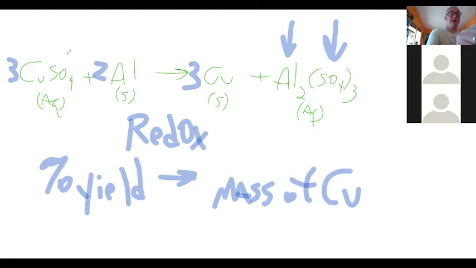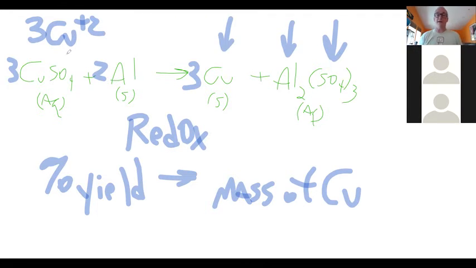The charge on copper over here, we have 3 of them, and they were +2. The charges on all those ions are going to be reduced to 0 over here. Aluminum, on the other hand, is going to be oxidized. Its charge is going to go up. It's going to go from 0 on this side to +3 on this side. And they're going to have 2 of them.